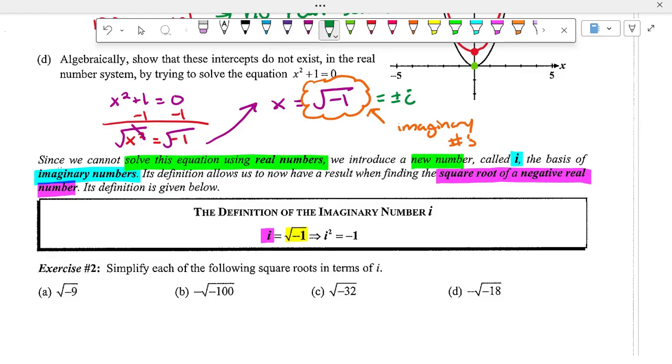Remember what I said yesterday: if you take the square root of a number and you're solving, you have to remember to put the plus or minus version of it. Just like how the square root of 4 would be plus or minus 2, because 2 squared is 4 and -2 squared is 4. So on the flip side, that means that i squared is equal to -1.